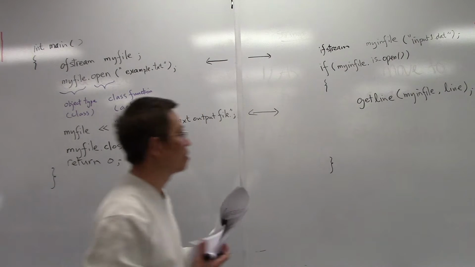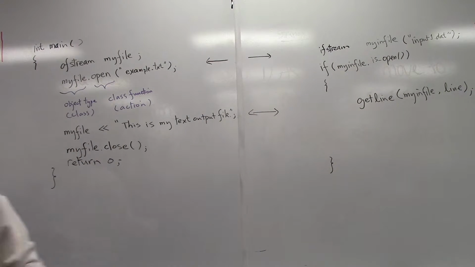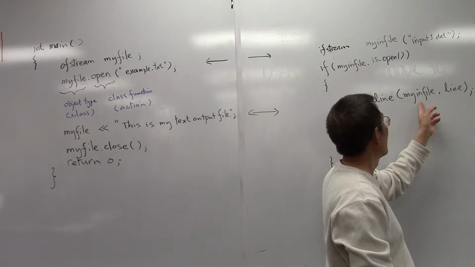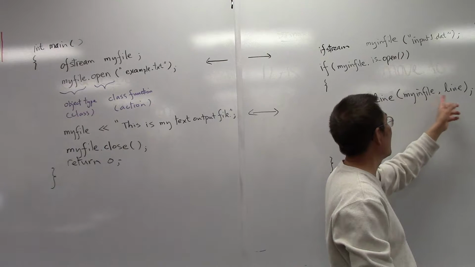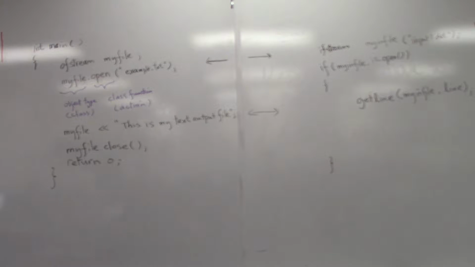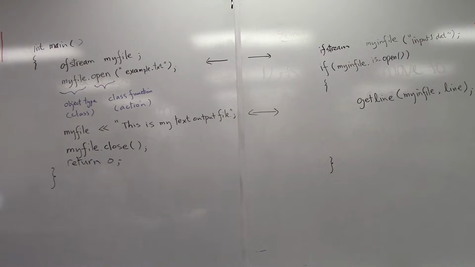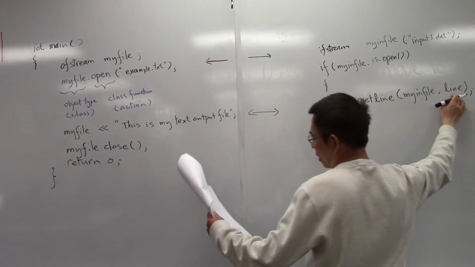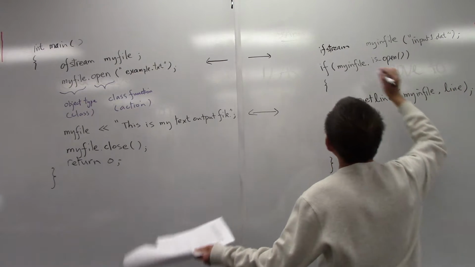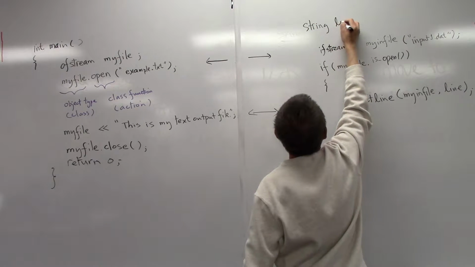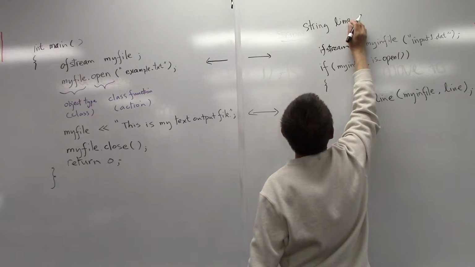What this statement will do is to get the first line in the data file, get the first line from the in file, and put the value in this variable. Therefore, before that, we need to define a string type of variable line here.